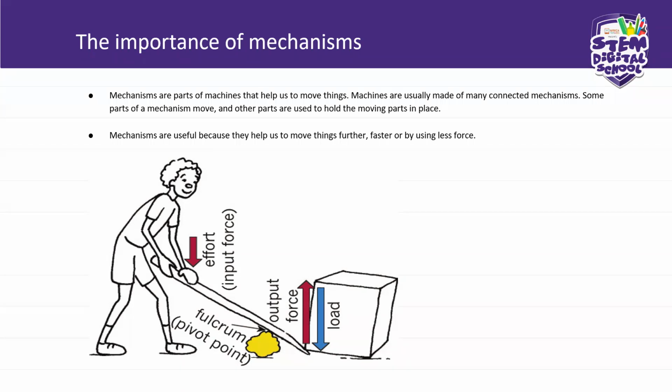He made a pivot or a fulcrum for himself so that this fulcrum can make it easy for him to lift this load. And this is a mechanism. The big block, the fulcrum, and the stick, it's a mechanism. So he is using this mechanism to make his life easier to move this load.